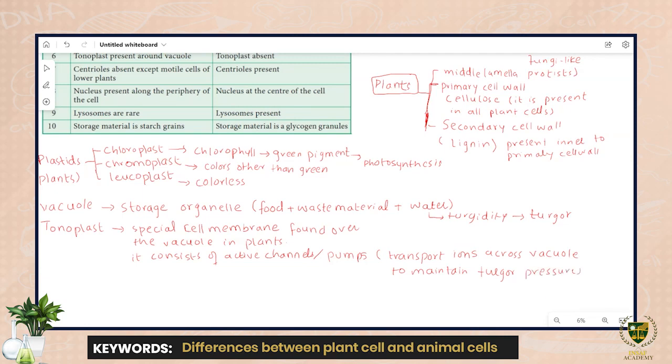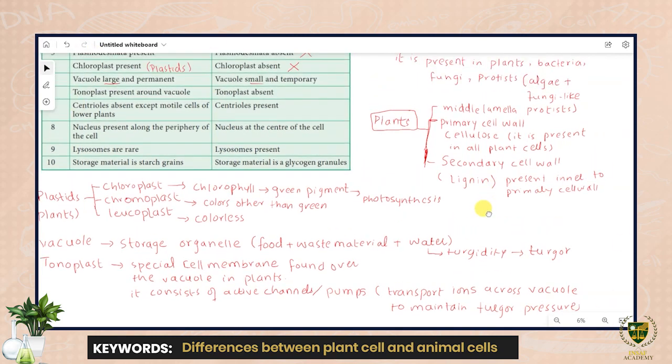So that is the role of the tonoplast. So it is only present around the vacuole of the plants only. Clear? Here is present while here it is absent.